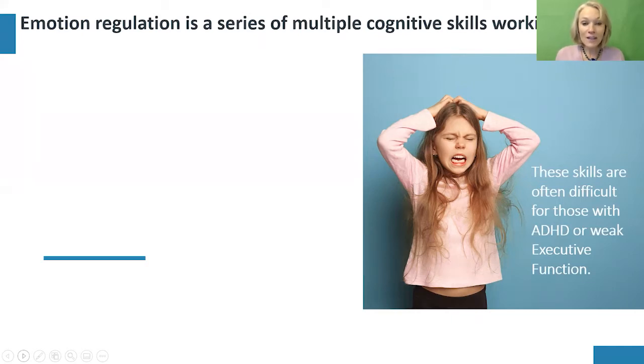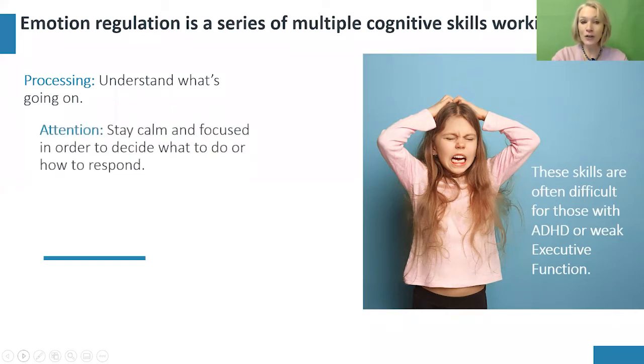So when you're in that heat of the moment, there are very specific cognitive skills that we need to utilize. These include processing. That's the ability to understand what's going on currently, right? Being able to process the information of what's going on. Also, attention, your ability to stay calm and focused in order to decide what to do or how to respond.